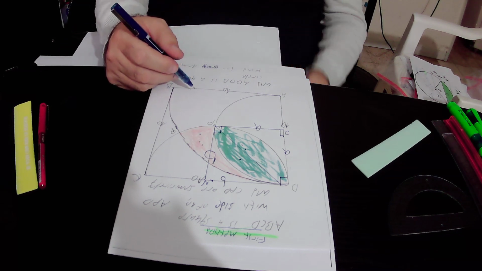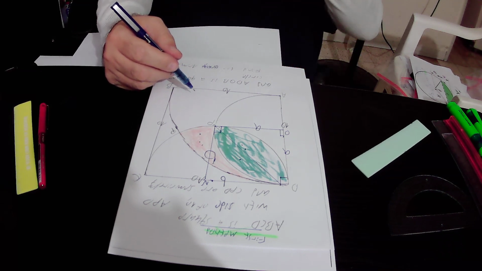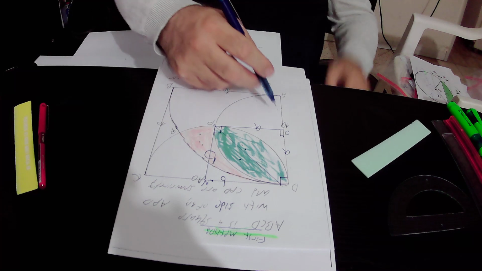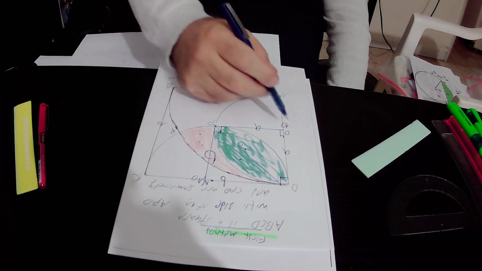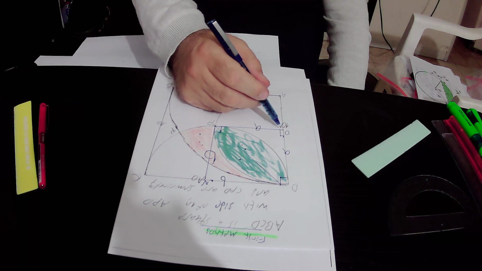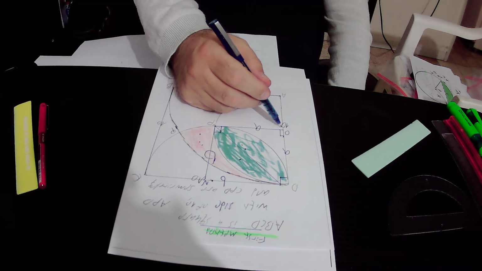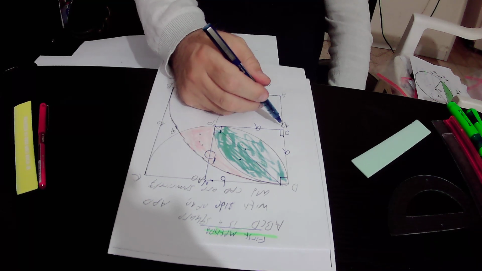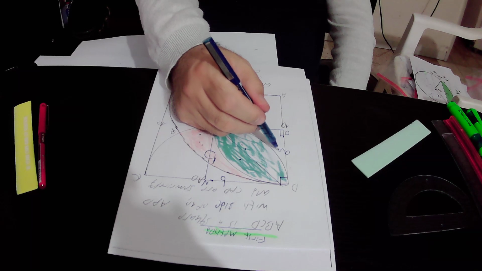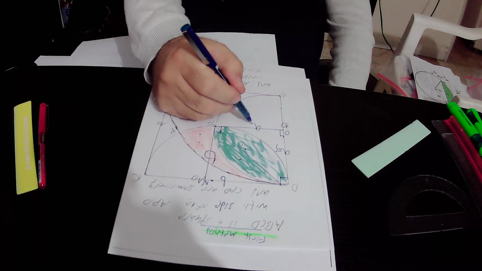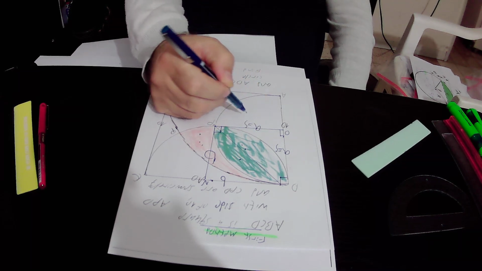But because we know that one side of square ABCD equals 10 units, and point O is the center of the side of the square, it means that the radius will be equal to 5. The radius of this semicircle equals 5.